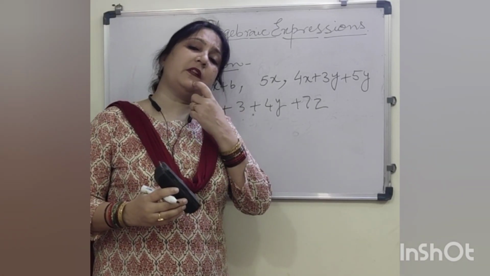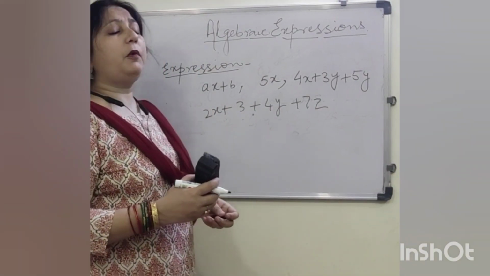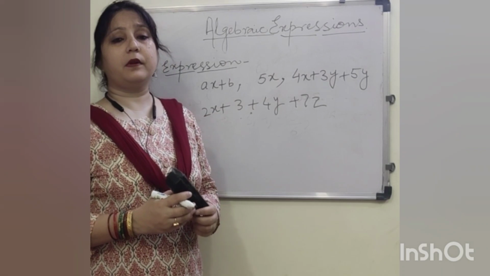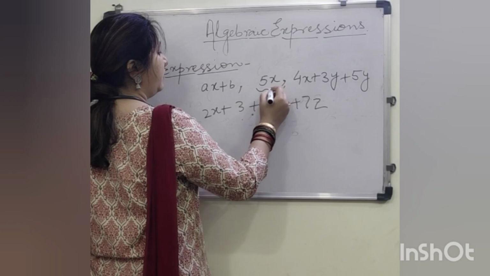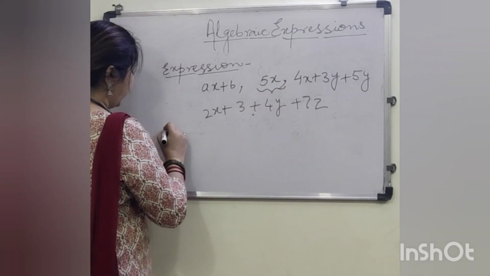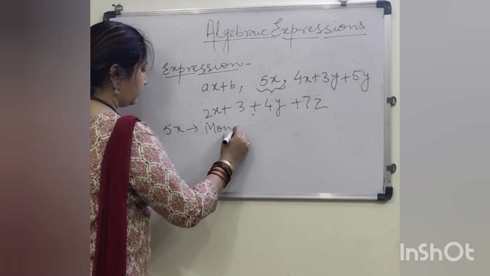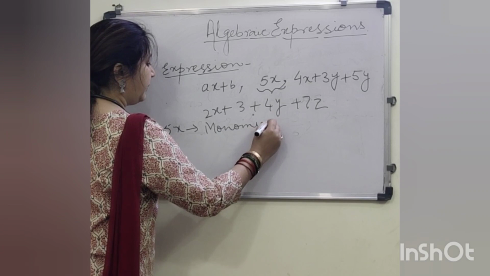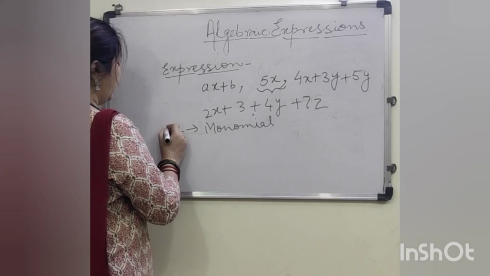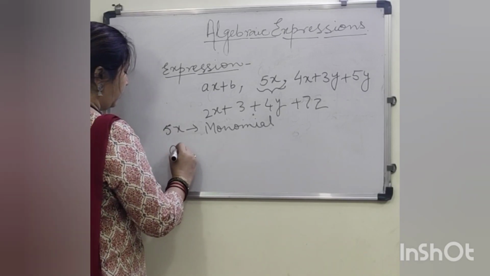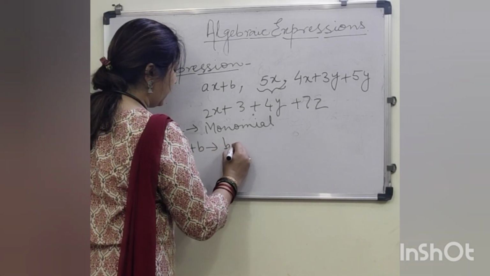If we talk about expressions, there are different types of expressions depending upon how many terms they have. Like this one has a single term, so it is a monomial. 5x is a monomial. Mono means single, monomial means the expression having a single term. Then come to ax plus b, having two terms, it's a binomial.